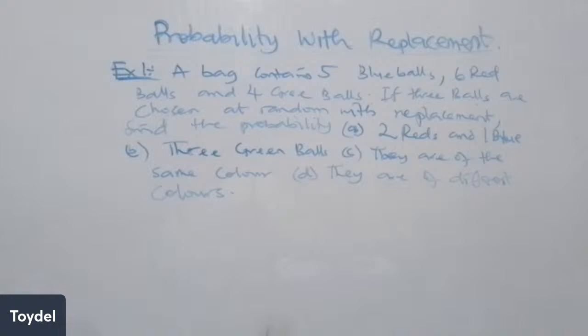The question states further that if 3 balls are chosen at random with replacement, find the probability that the balls are 2 reds and 1 blue, that the 3 balls are 3 green, that they are of the same color, and that they are of different colors. That is the question. So how do we approach this problem?